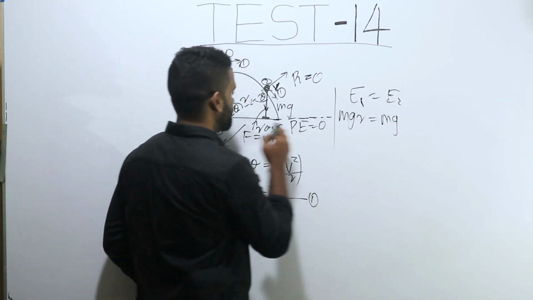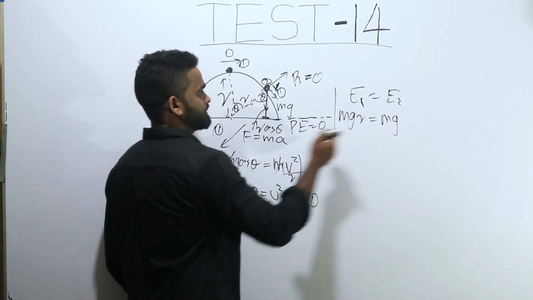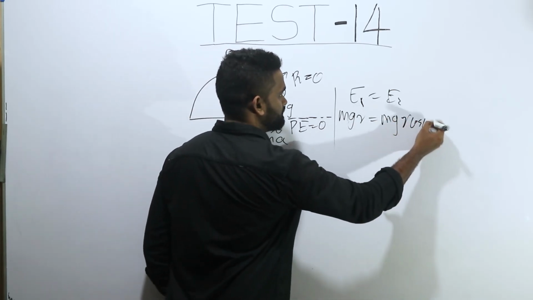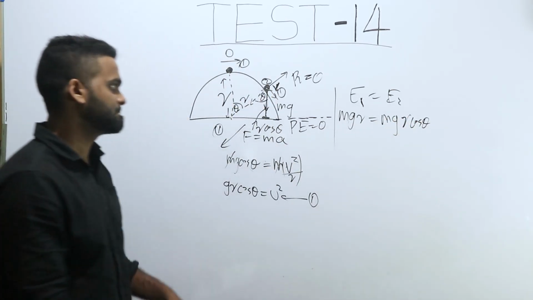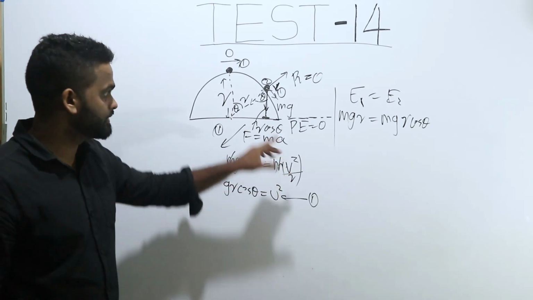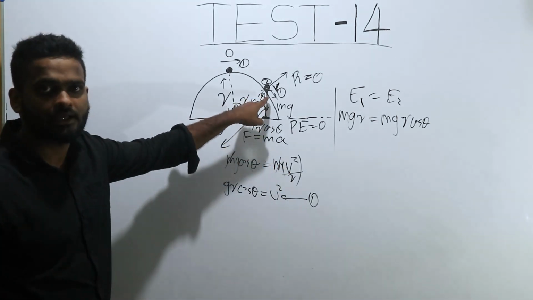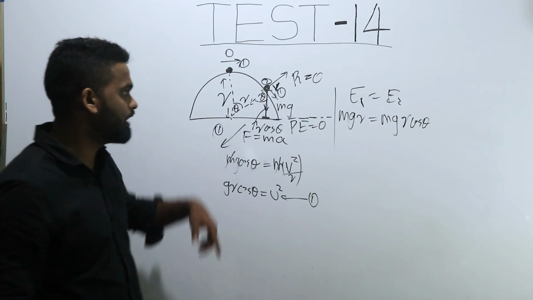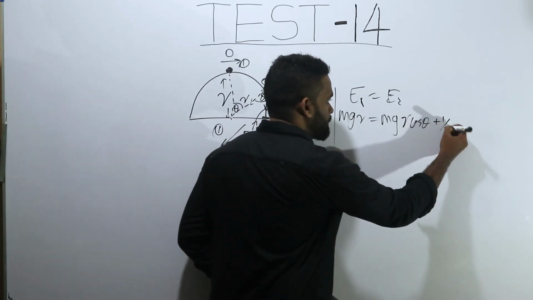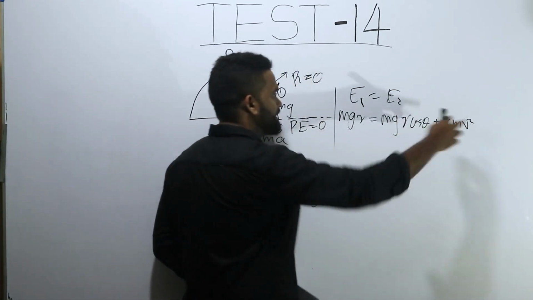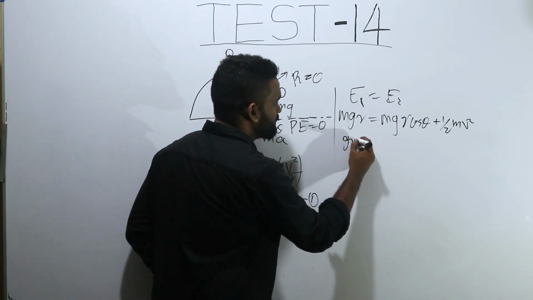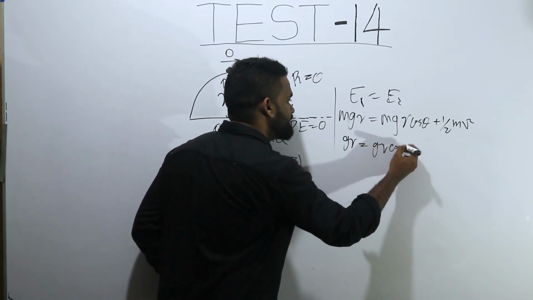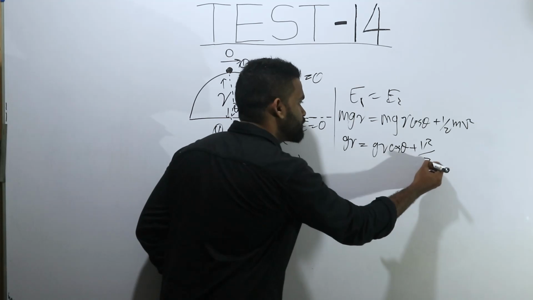So mgr, what's that? mgr cos theta. Plus, here it has kinetic energy. So I'll say that as half mv squared. Just get rid of m. So gr equals gr cos theta plus v squared over 2.